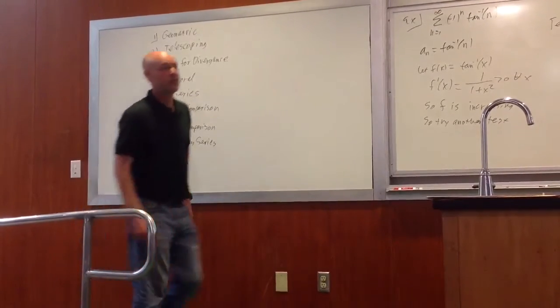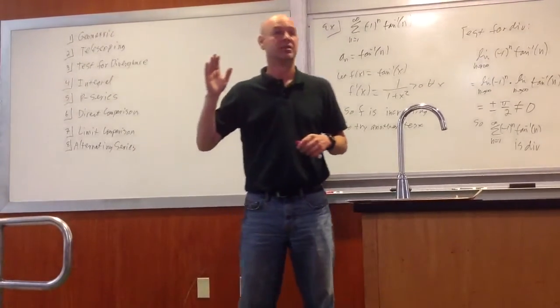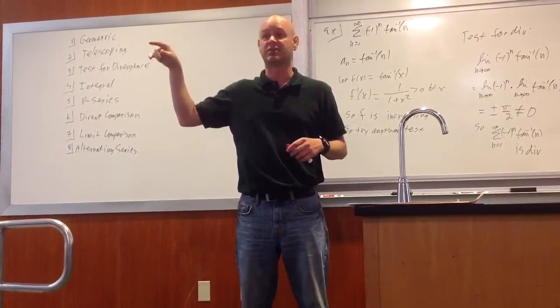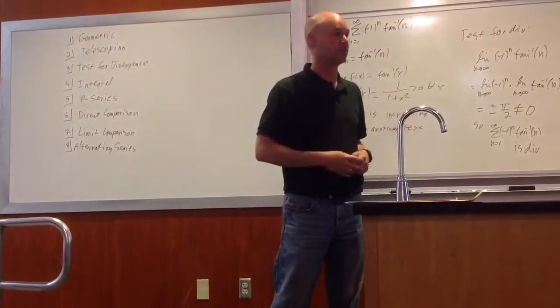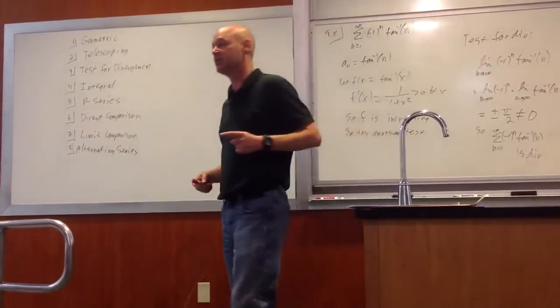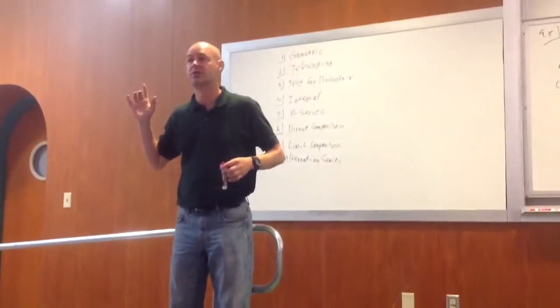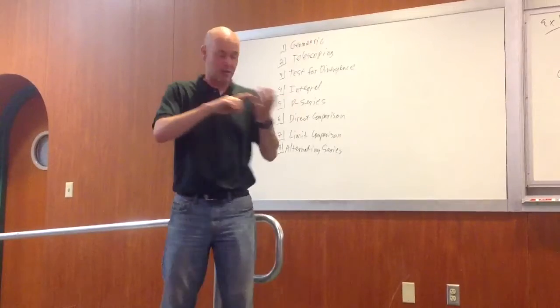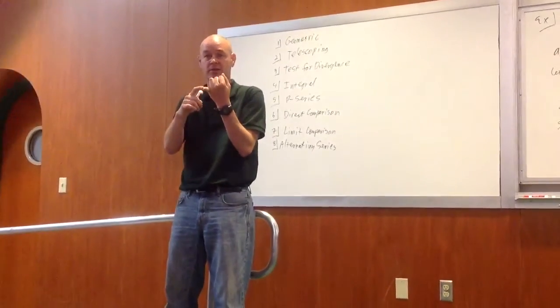Integral test. There are 3 major axioms we need to have. First of all, we need to convert our a sub n into an f of x, meaning change it from a discrete to a continuous function. Using that continuous function as an analog, we need to show that f of x is positive for all values of x bigger than 1.